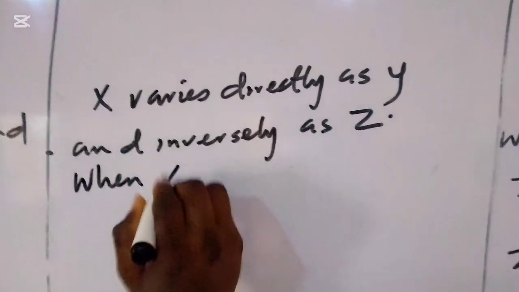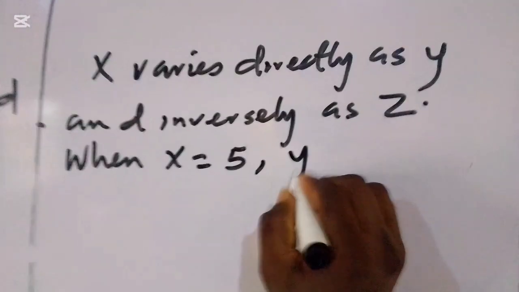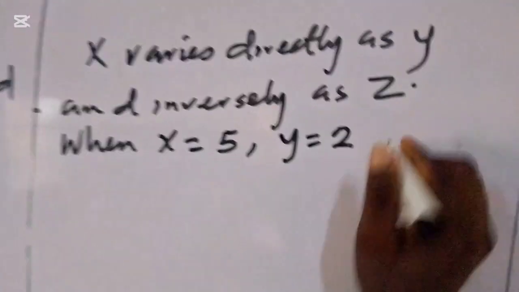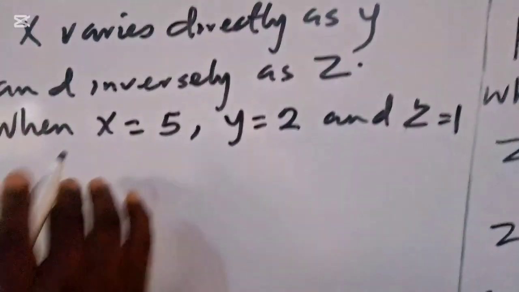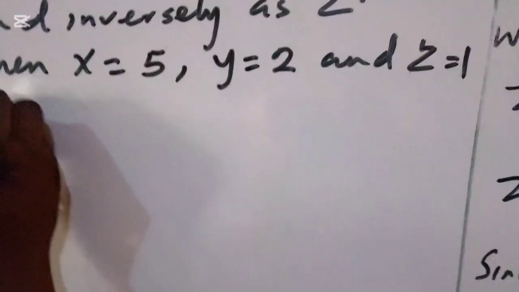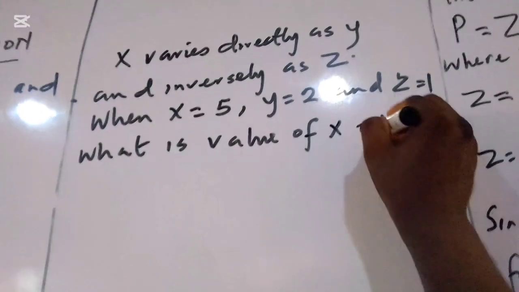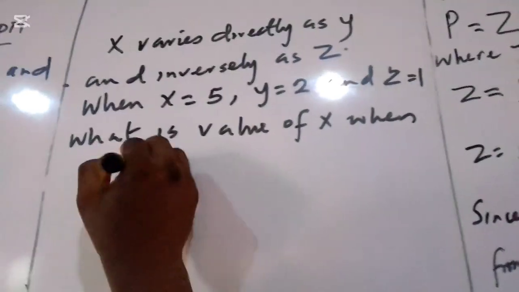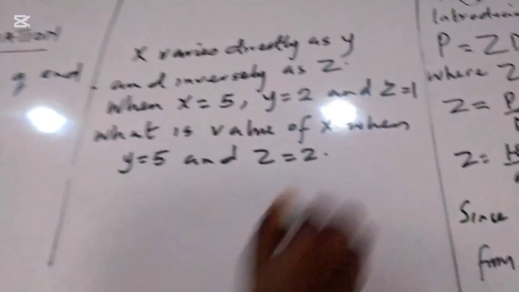When x is equal to 5, y equals 2, and z equals 1. What is the value of x when y is equal to 5 and z equals 2? All right, that's my question.